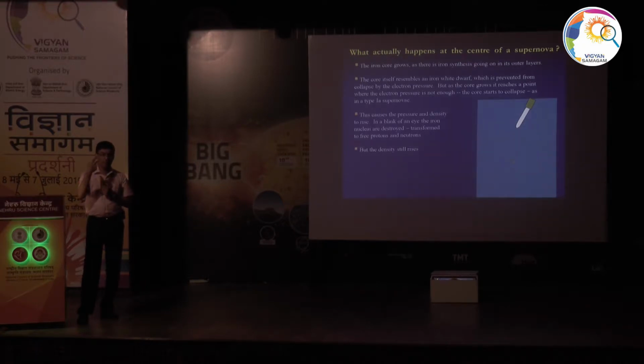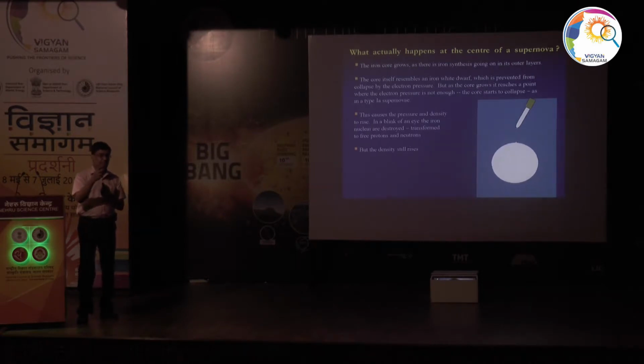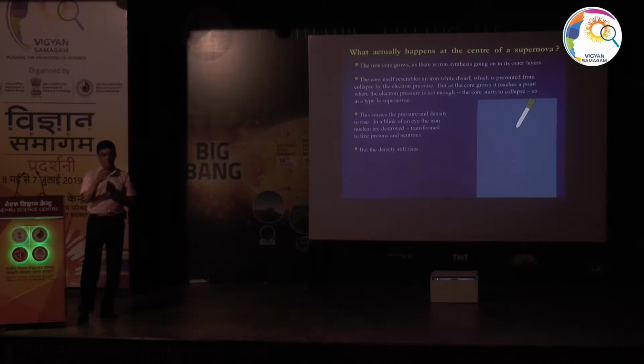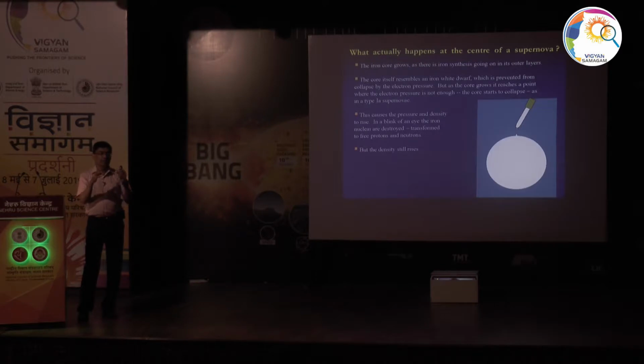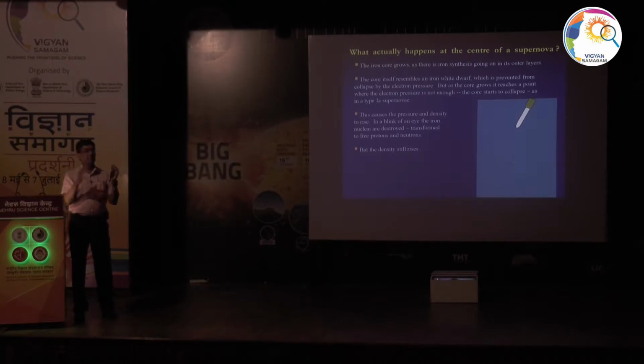This goes into the details of atomic physics, like electron degeneracy pressure. Neutron degeneracy pressure means that when you have neutrons, you can't have them too close to each other. If you try to put them closer than a certain limit, a certain pressure will develop. This is the pressure which can support the force of gravity.